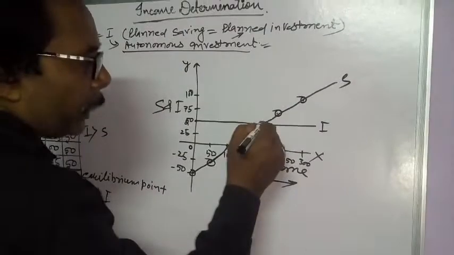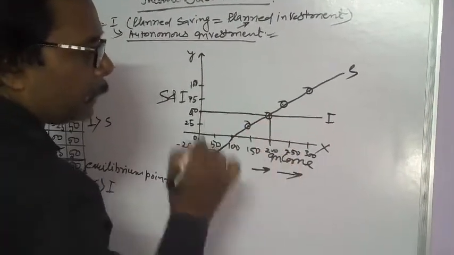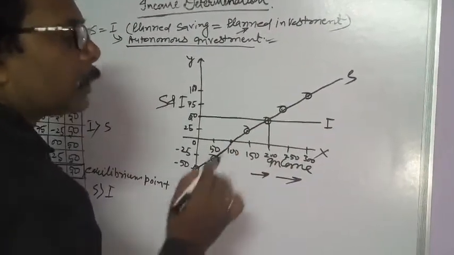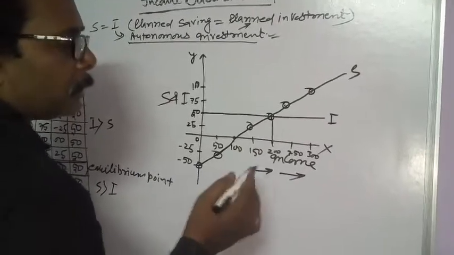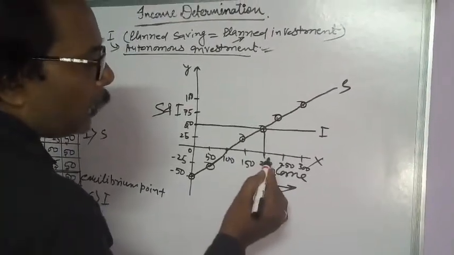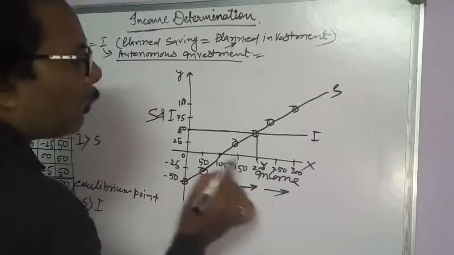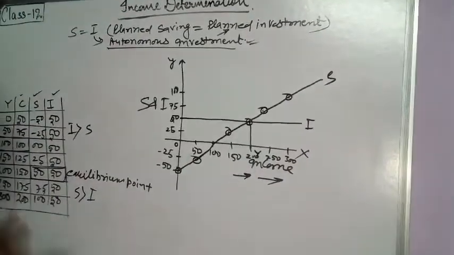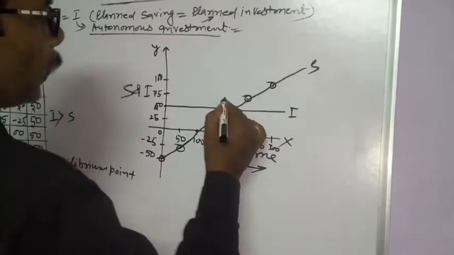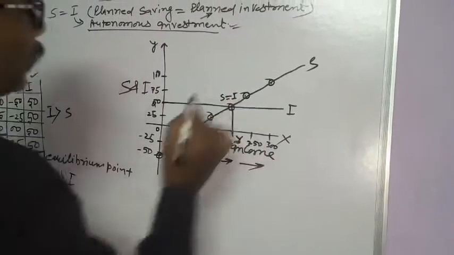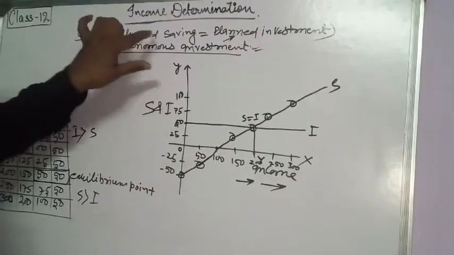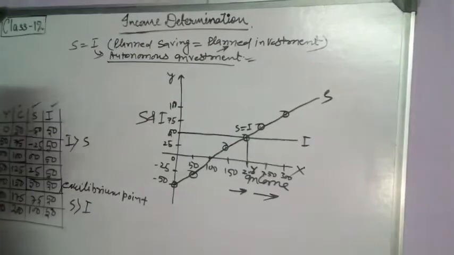So in this way we can say that the income will be determined, or you may say the OY level of income will be determined, because at this point saving is equal to I. That is, planned saving is equal to planned investment.